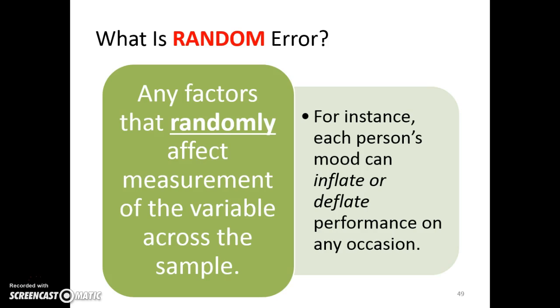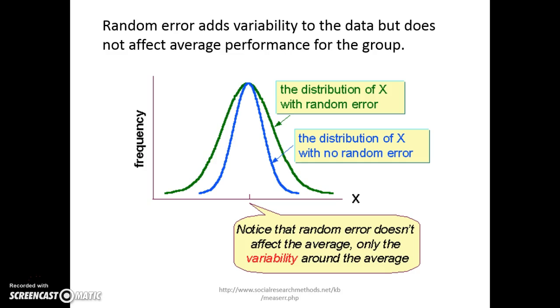Random errors tend to balance out and cancel each other out. That's why it's good. They're random, so they're all over the place. Some people show up like they're really depressed, some people show up like they're not depressed at all, but the average number of people that are depressed is still going to be balanced out, because these two extremes will balance each other out.